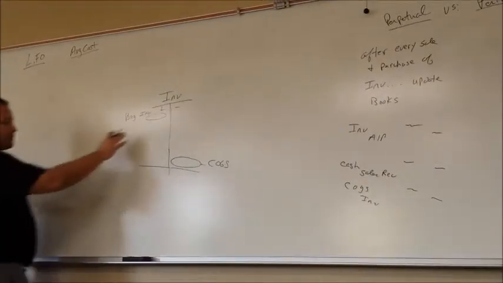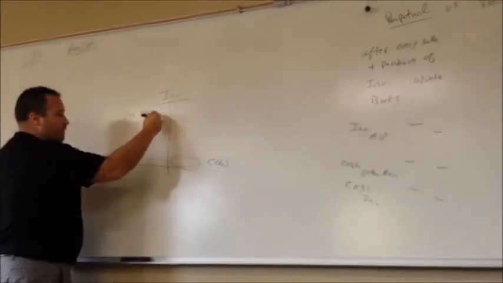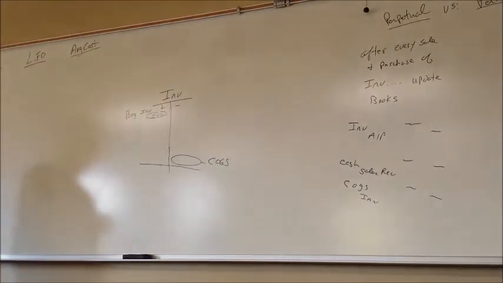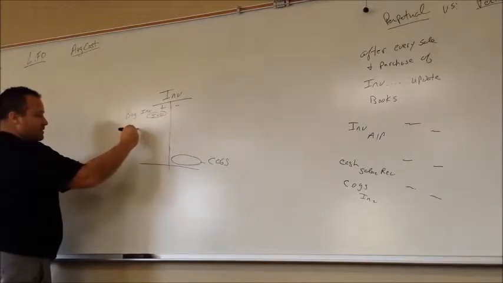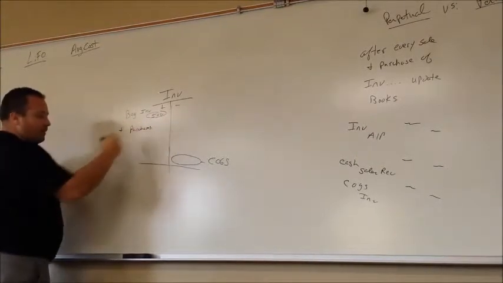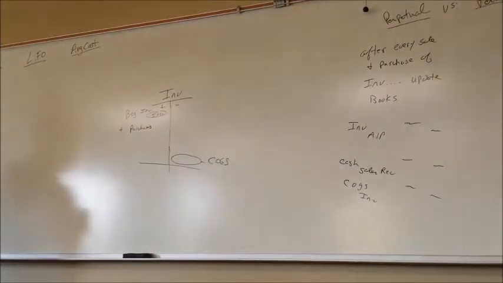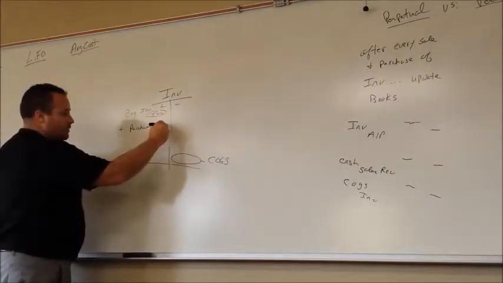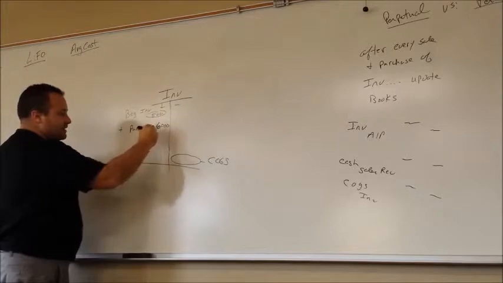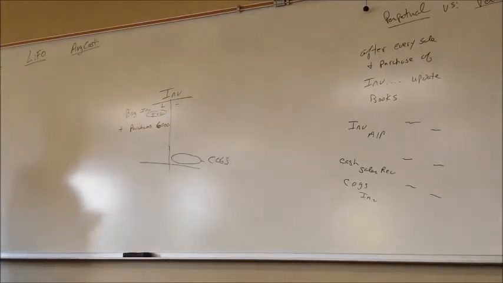I had 500 units. I'm just going to put in some numbers to help so you can visualize it maybe. And then I had some purchases that I went out and bought. And maybe I bought 5,000 worth. Now let's make it a little different so we can see the difference. 6,000.